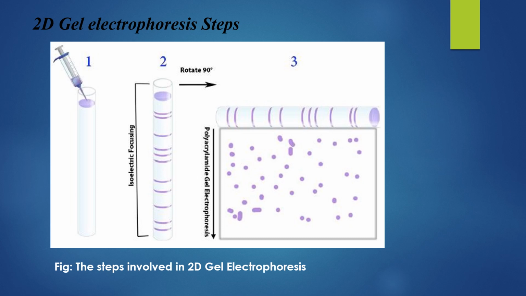Then the SDS will now separate those at a particular charge into their different forms based on size. So you first separate them based on charges, you turn them 90 degrees, then you separate them based on size using the SDS-PAGE. So the 2D gel electrophoresis uses first isoelectric focusing and then second SDS-PAGE separation.